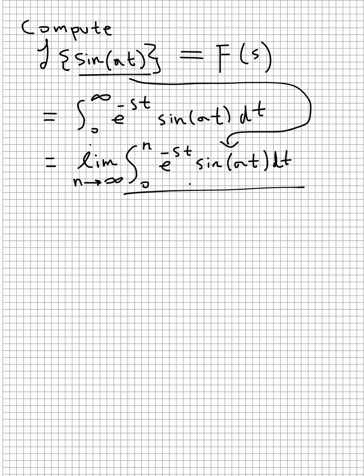We can integrate this expression by parts, in this case, letting v be equal to sine of at, and u being equal to e to the minus st. As you remember, integration by parts says uv minus the integral of v du, right?